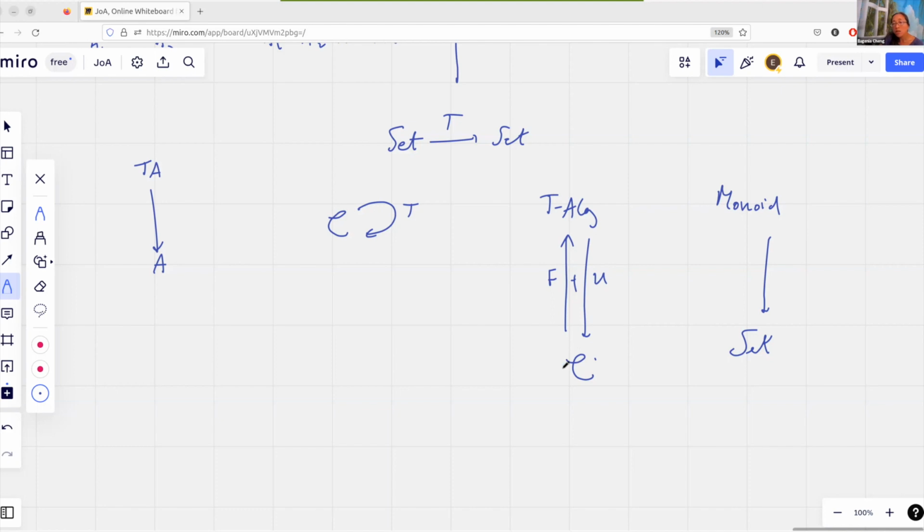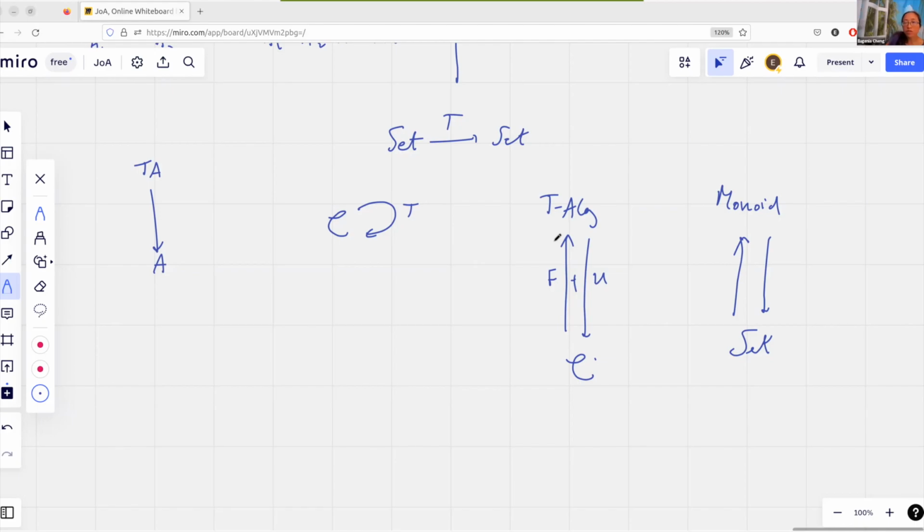So I know that the underlying object of the product up here, if it exists, must be the product of the objects down here. So when you take the product of monoids, you know that the underlying object needs to be the product of the sets. However, when you're doing coproducts, you don't get to do that, because this right adjoint doesn't preserve colimits, it preserves limits. This left adjoint preserves colimits.